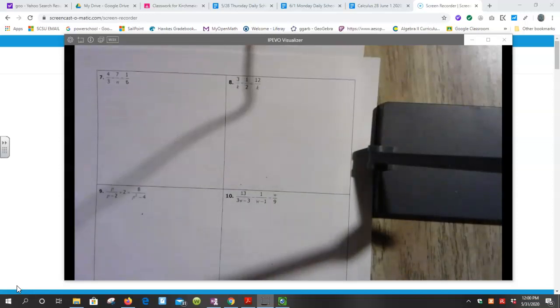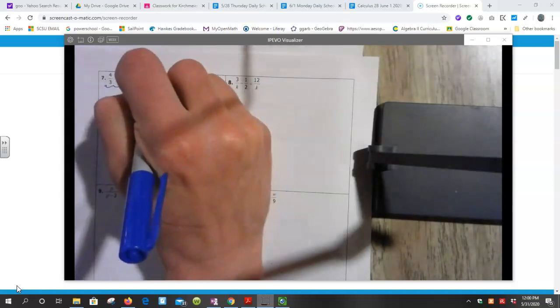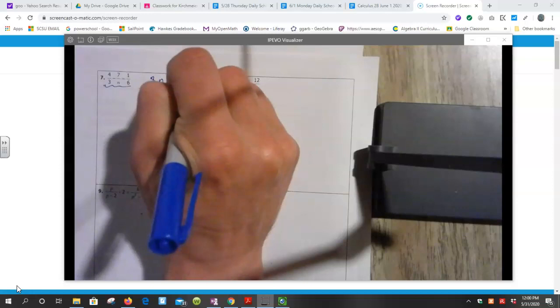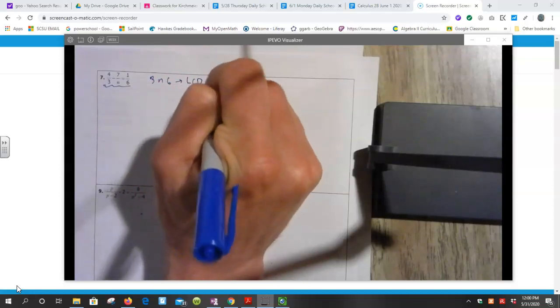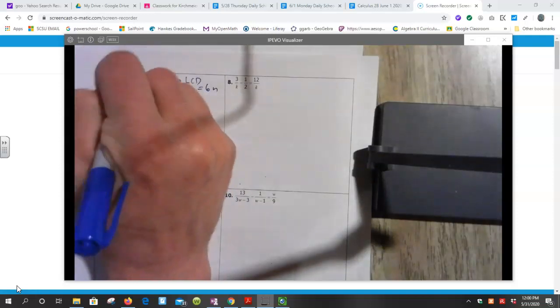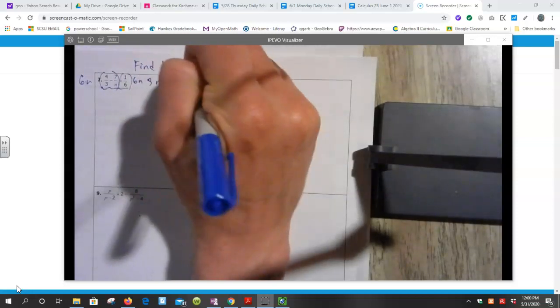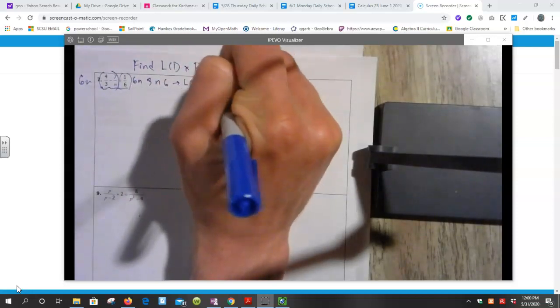So you find the least common denominator of both sides. So you have 3n and 6, and the least common denominator for that is going to be 6n. So 6n is what you multiply both sides by. Okay, so you're going to find the LCD and then multiply it by both sides.